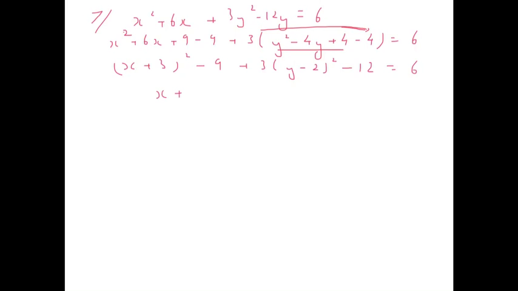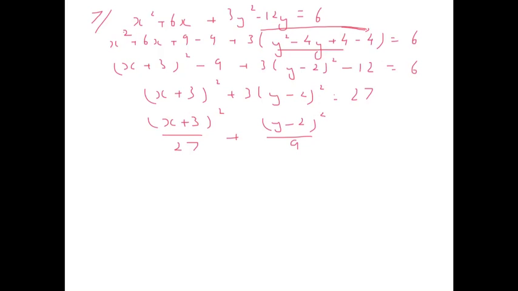So we've got x plus 3 squared plus 3 y minus 2 squared equals, if you take everything to the other side, you've got 6 plus 12 is 18, 18 plus 9 is 27. So now I'm going to divide everything by 27, so you're going to get x plus 3 squared over 27 plus y minus 2 squared over 9 equals 1.